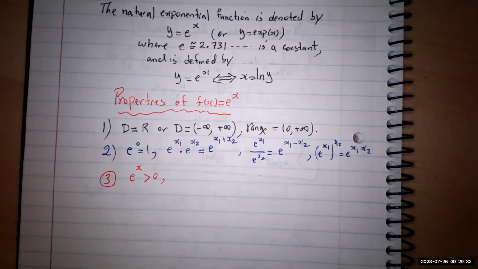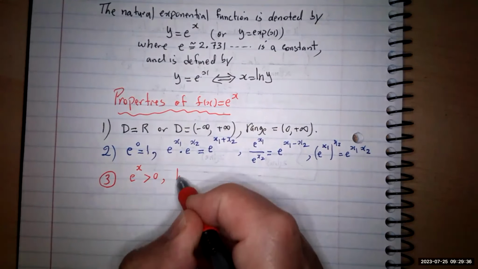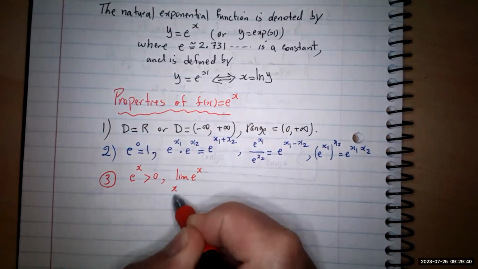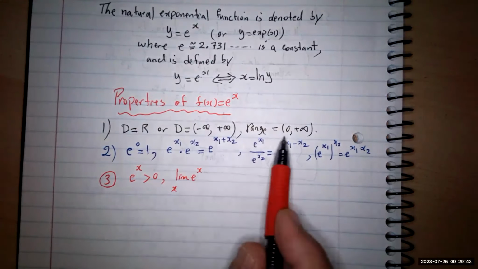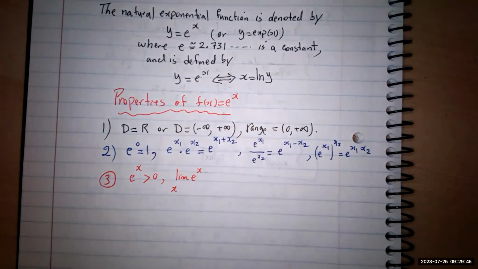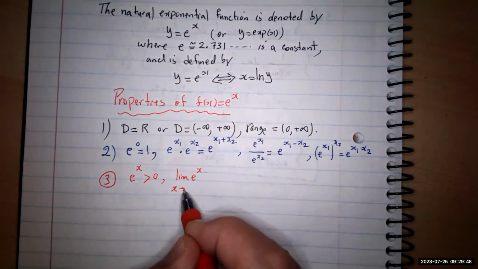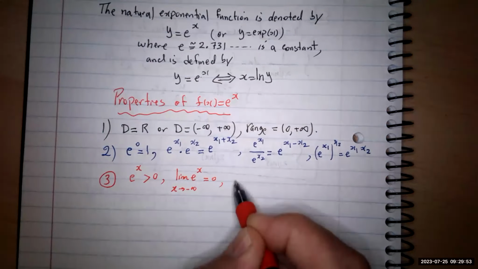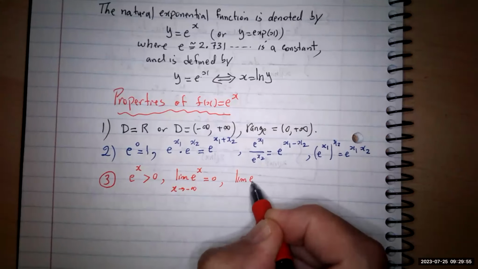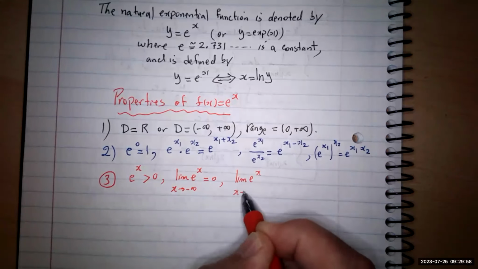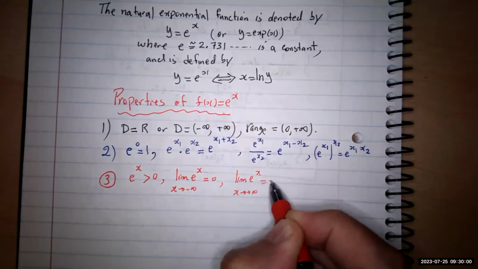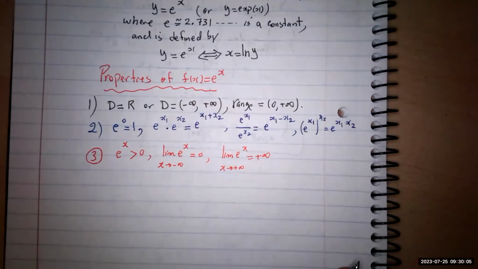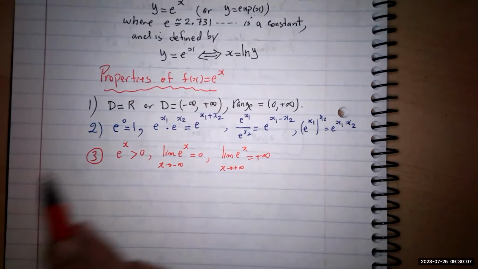The other one is that if you take the limit of e to the x, because the domain is negative infinity to positive infinity, the limit of e to the x when x goes to negative infinity is going to be equal to 0. And the limit of e to the x when x goes to positive infinity would be positive infinity. So we're going to use this from time to time. And e to the 0 was 1.